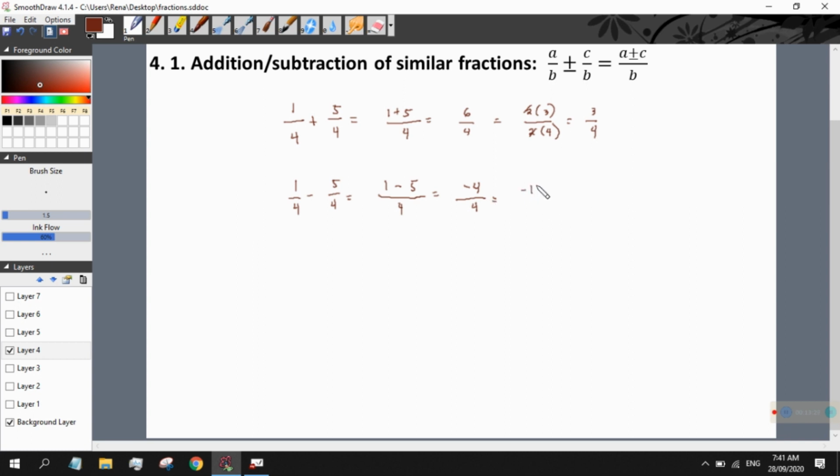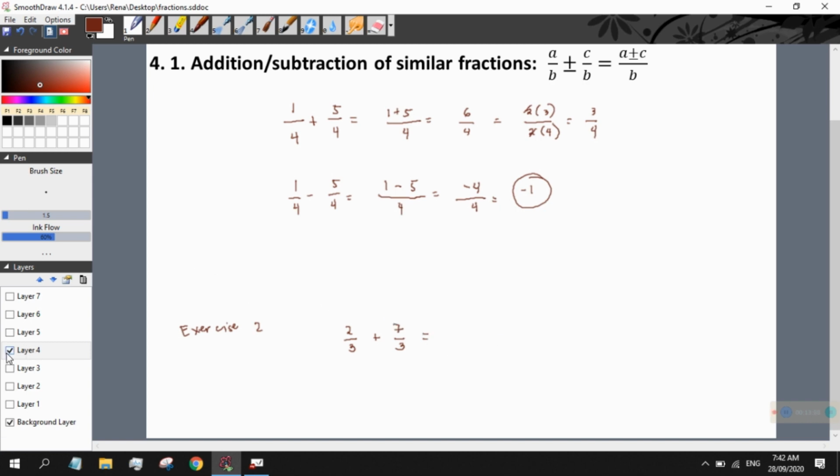So we have here negative 1 as our final answer. Okay? One more example. This is going to be your exercise number 2. Hindi pala siya example. This is exercise number 2. Please add the following. So we have 2 over 3 plus 7 over 3. And then write down your answer on the comment section. Okay?